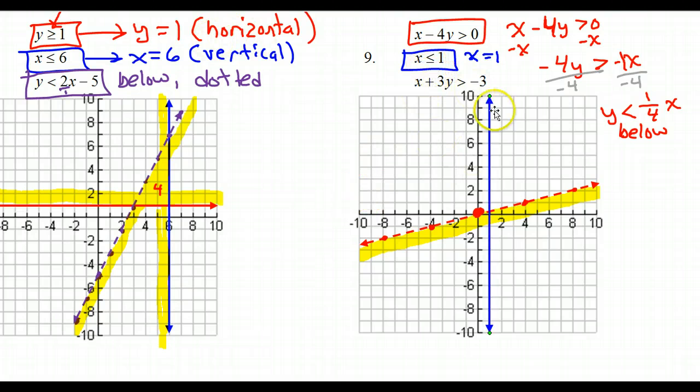Sorry, I said horizontal. I meant a vertical line. X equals 1. X equals a number is always a vertical line, just like last time. And it's going to be shaded on the left side because of this less than. For x values, the lesser values are to the left. Okay, just give it a small amount of shading, please, not too much.